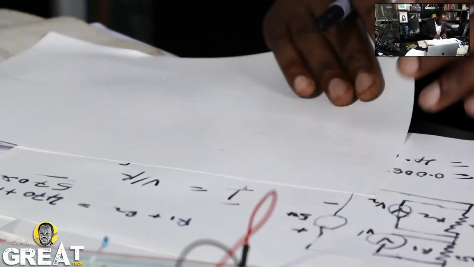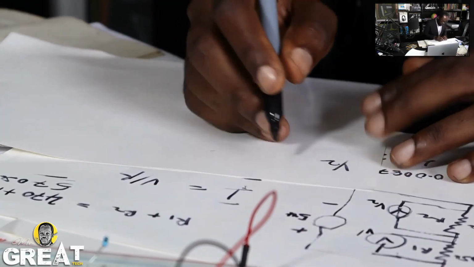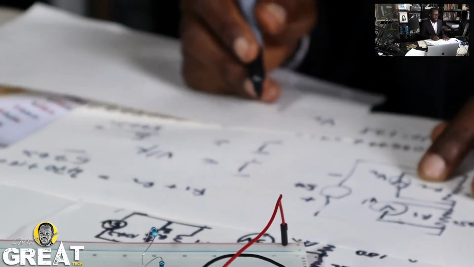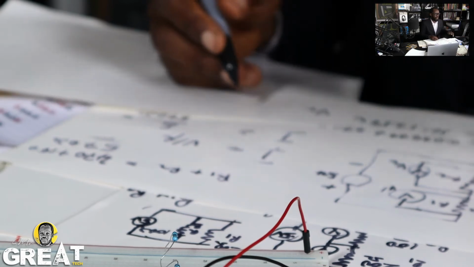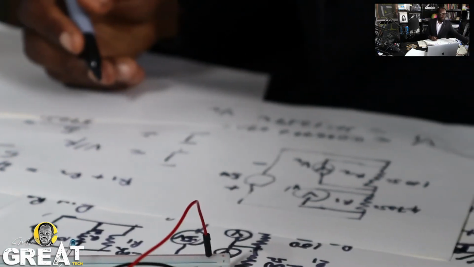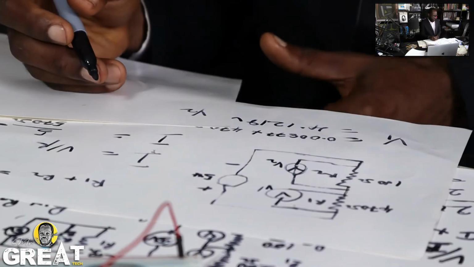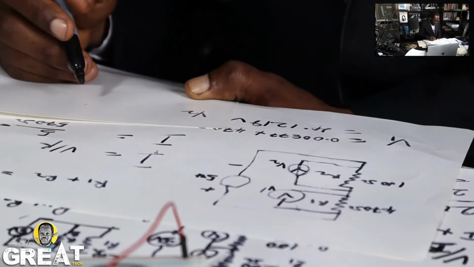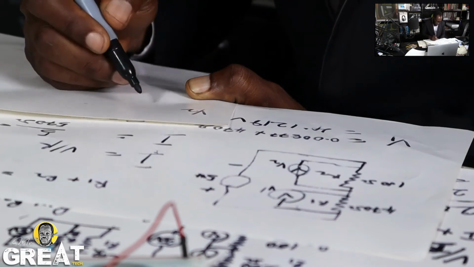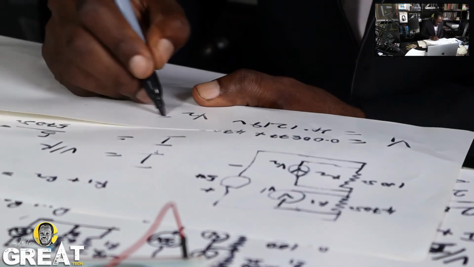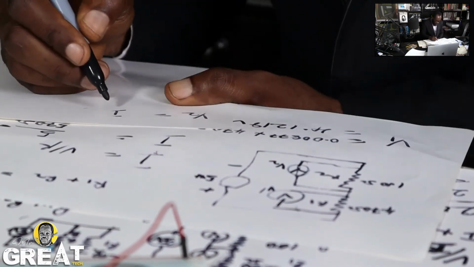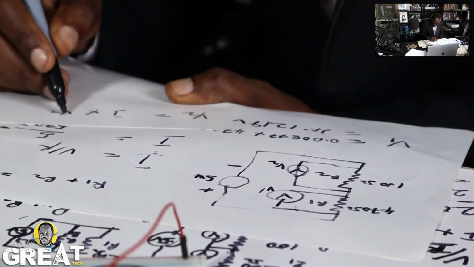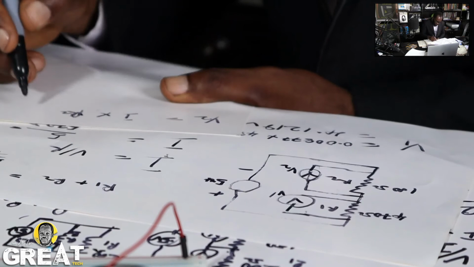So let's go again. V2 is the voltage across the resistor of 100 ohms. So it equals I times R2.